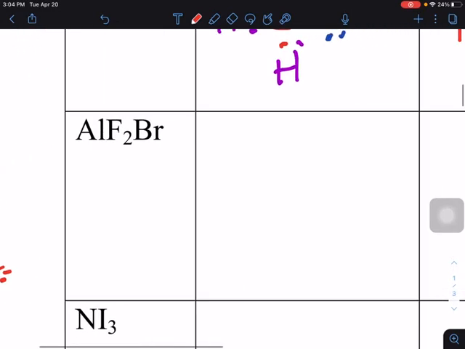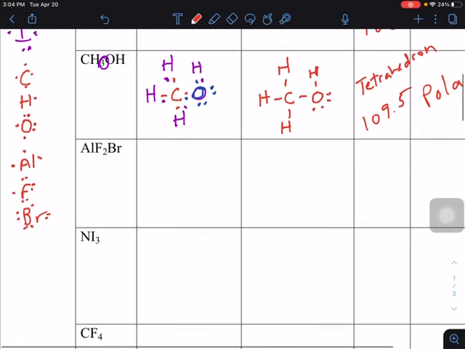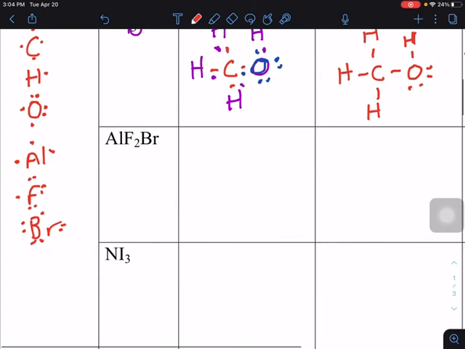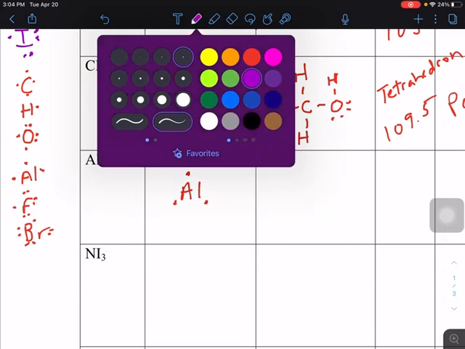Okay, so aluminum is going to be at the center because it has 3 solo dots, whereas fluorine and bromine each have 1. So we have aluminum at the center with 3 valence electrons, and let's change our color here.